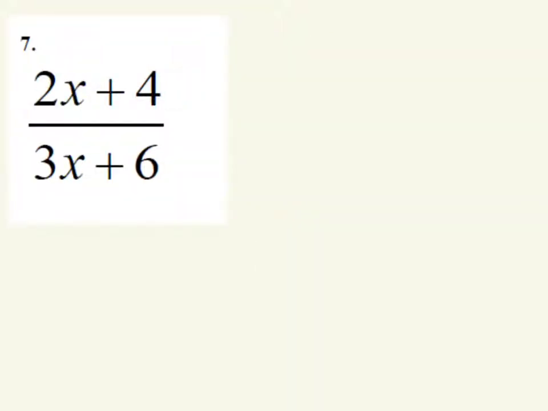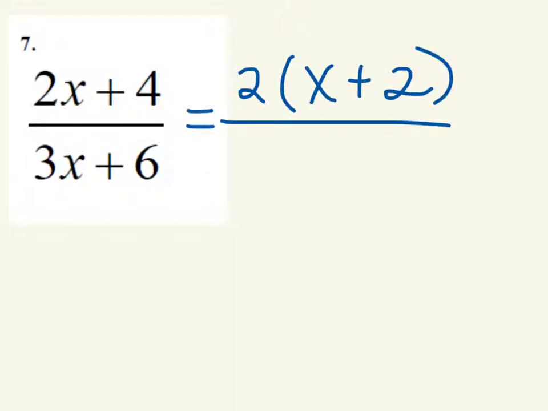Let's consider something like number 7. Again, thinking in terms of factoring our numerator and our denominator, we should recognize that we have a common factor of a 2 to take out. So I'll write the top as 2 times x plus 2. In the denominator, that is a 3 for a common factor, left with x plus 2.